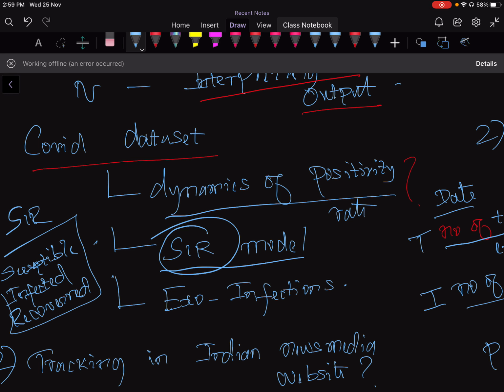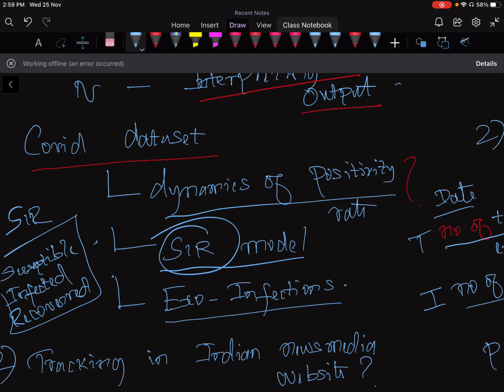And there are other problems which we were looking at, which was the exogenous infections in the case of COVID. So what do you mean by exogenous infection? Suppose you take the state of Rajasthan.